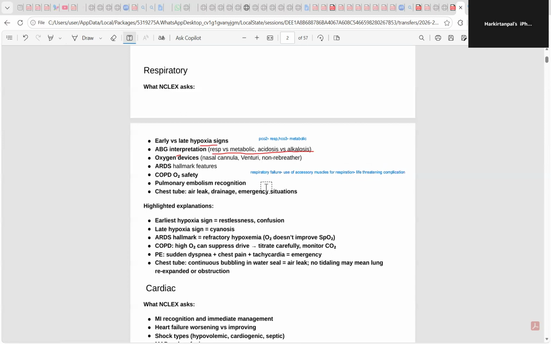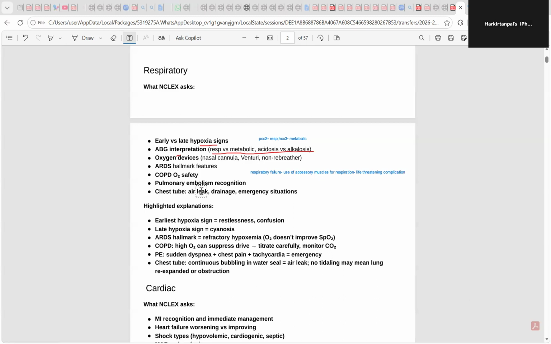Because it may lead to hypovolemic bleeding, it indicates hemorrhage, and the client can go into hypovolemic shock, which is an emergency situation. If there is continuous bubbling in the drainage bottle, that indicates an air leakage, and intermittent bubbling in the water seal chamber is normal.